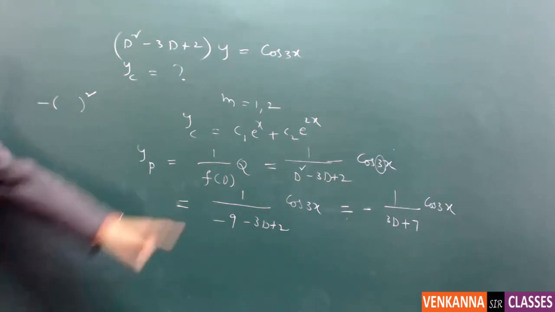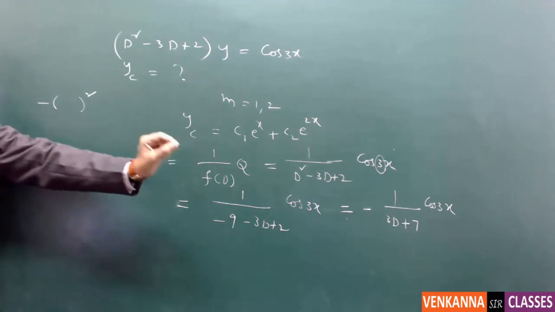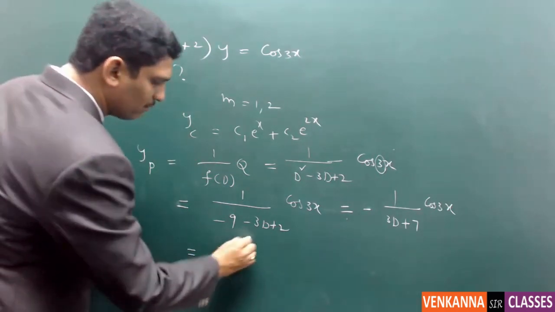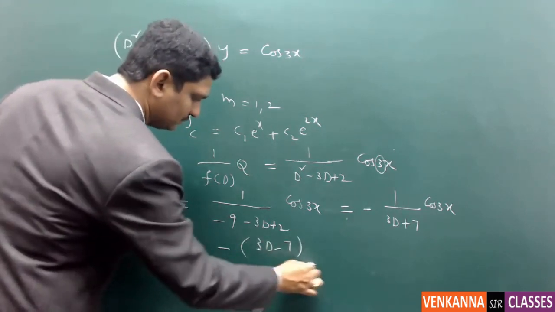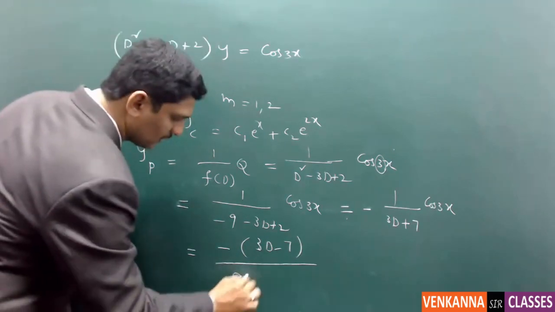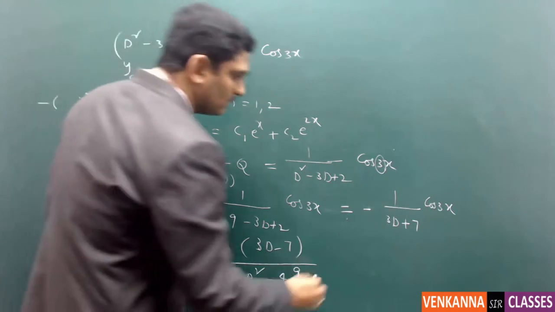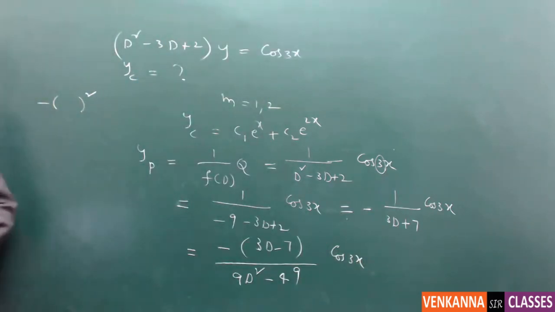So you have to rationalize again to get D square in the denominator. So if you rationalize that, minus (3D minus 7) by (9D square minus 49) into cos 3x. Accepted? After rationalizing.